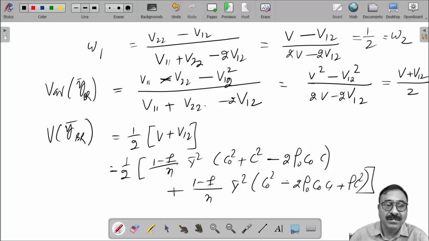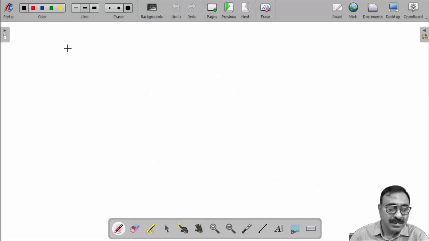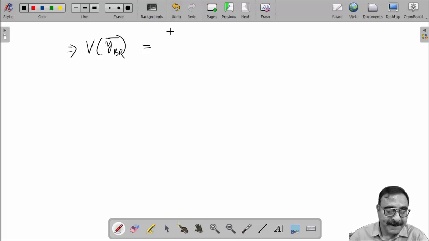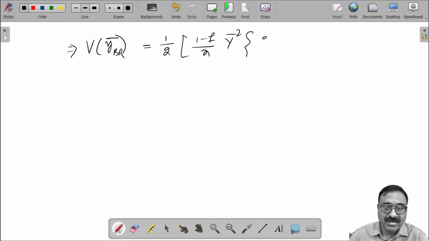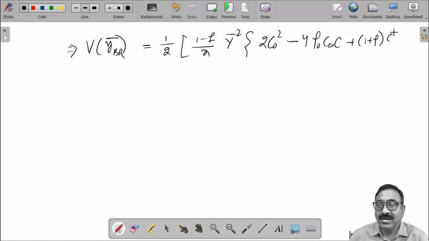Now this implies the variance of the bivariate ratio estimator Y BR bar is equal to 1 by 2 into (1 minus f by n) Y bar square into [2 C0 square minus 4 rho 0 C0 C plus (1 plus rho) C square].